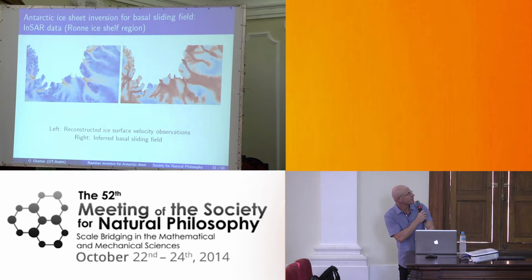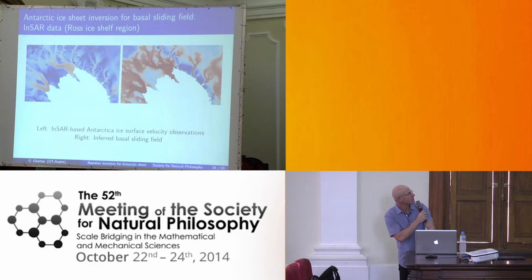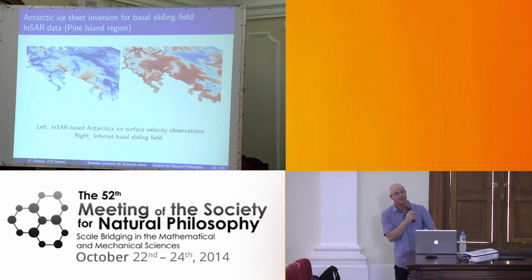Let's go look at one of them. Let's say this is the Pine Island region. That's the region that the video zoomed in on, the Pine Island and Thwaites glaciers. Again, this area has seen significant thinning over the last 20 years. And this is the basal sliding parameter field underneath that we obtained. The left is the observed data, and now that's the reconstructed.